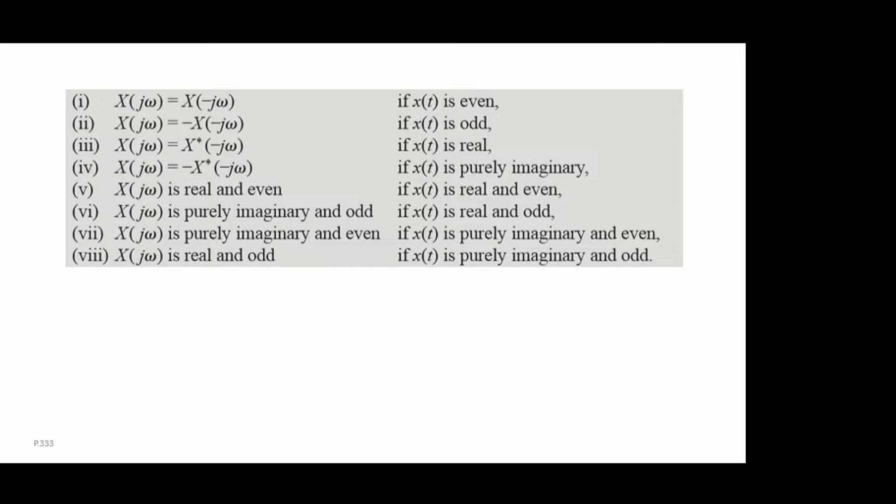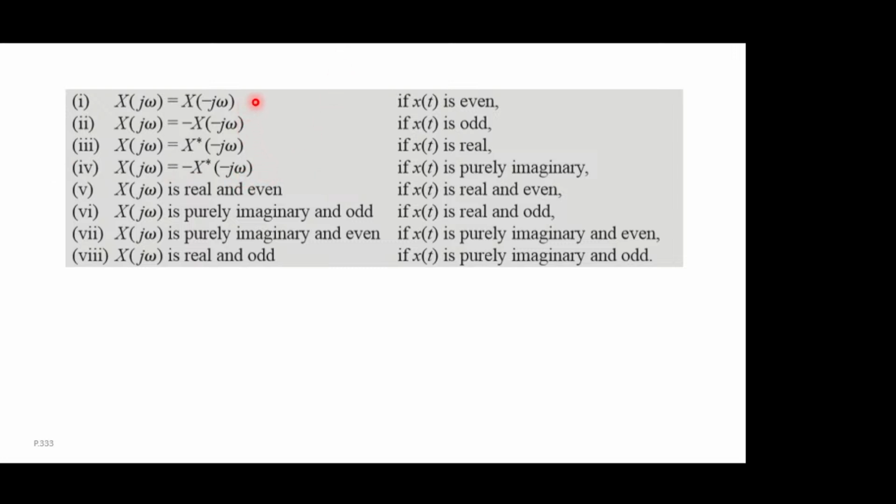And if x is real, then we have this, X star equals X of minus j omega. And you can similarly derive that if x is imaginary, then you have X star equal to minus X of minus j omega. Okay, you have a different thing.